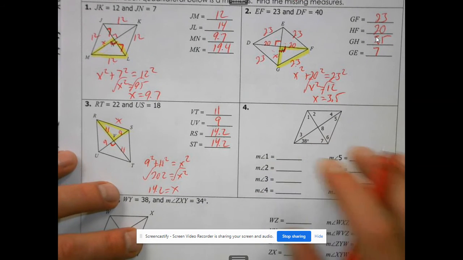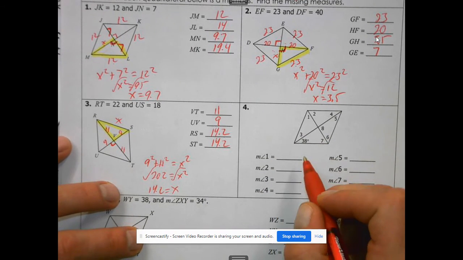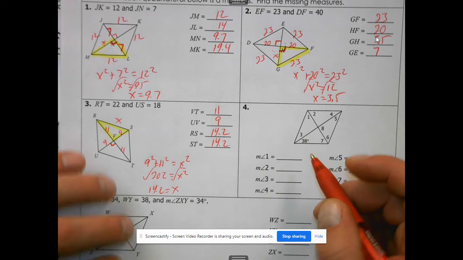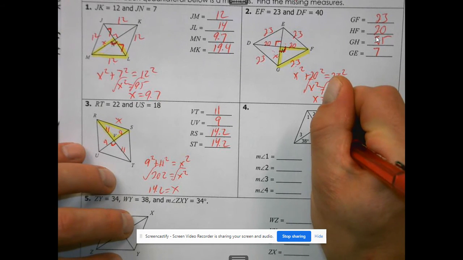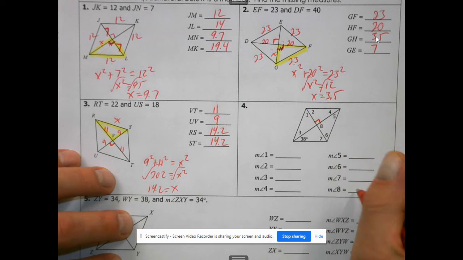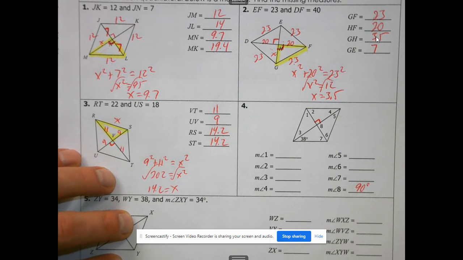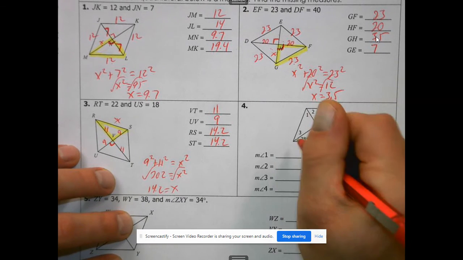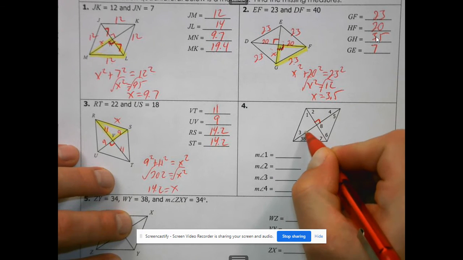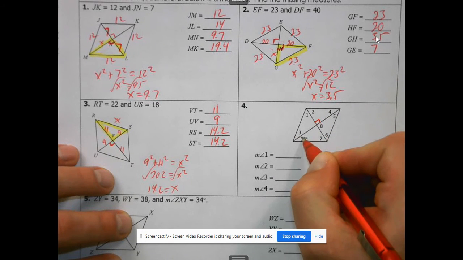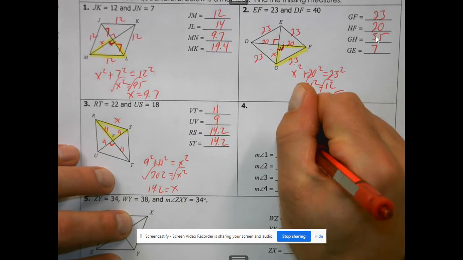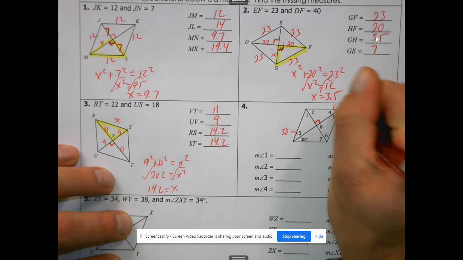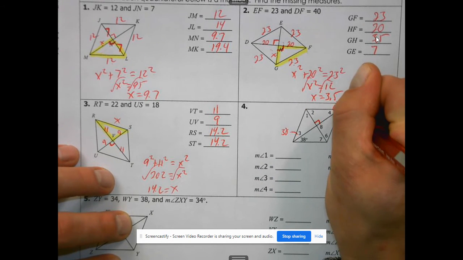All right, some angles. We can fill these in super fast, guys. Remember, everything in the middle is a 90, so 8 has to be 90. Easiest one to find every single time. Then remember, guys, these diagonals, they bisect the angle. So if that side's 38, that guy's 38, and then both of these are also 38.